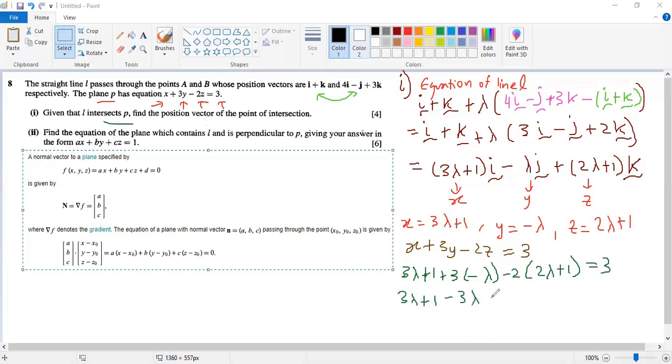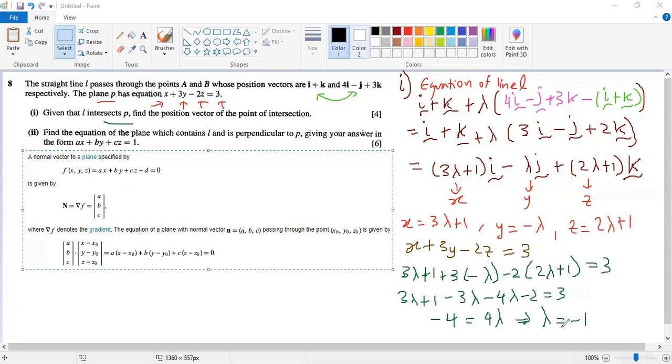Minus 3 lambda minus 4 lambda minus 2 equals 3. Careful calculation would yield the correct answer. We can see that this becomes minus 4 when you move everything and clear, and on the other side it becomes 4 lambda. So in other words, lambda equals -1.